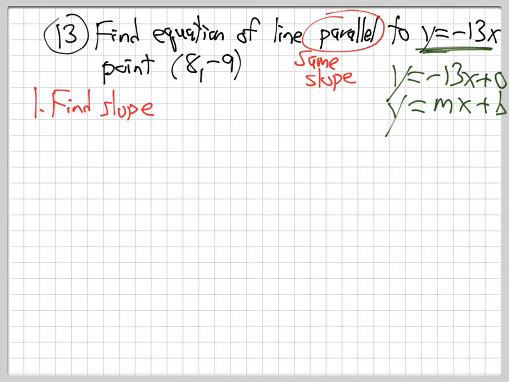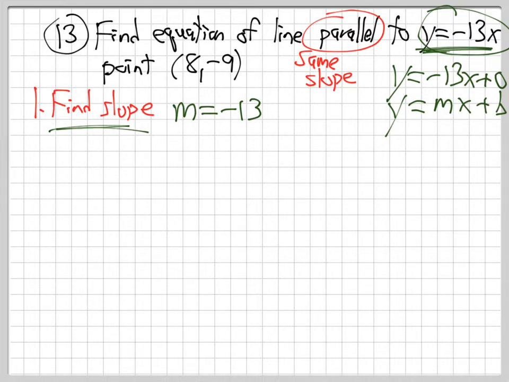So that minus 13 is the slope of that other line, and my line is parallel to that one, so my line's the same slope. So what's my slope? Also negative 13. So that tells us, step 1, find the slope. What's our slope? It must be negative 13. Do you see that? That's why they gave me that information, so that I could have a slope.